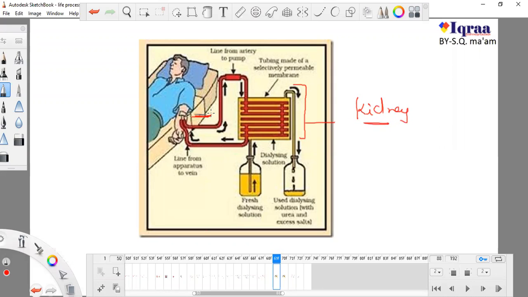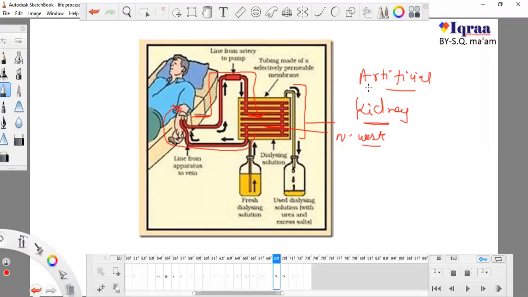There is impure blood which has nitrogen waste, and this blood is passed through this artificial kidney, which will purify the blood and take out all the nitrogen waste. Then the blood is put back into the human.